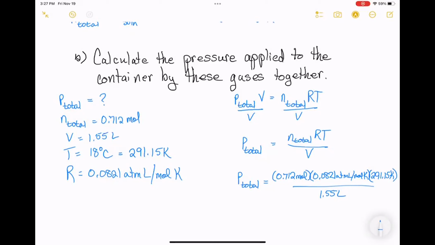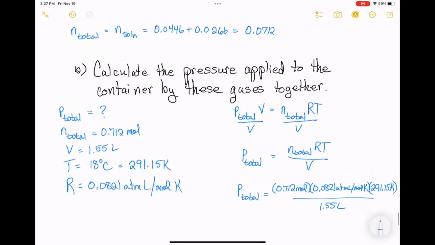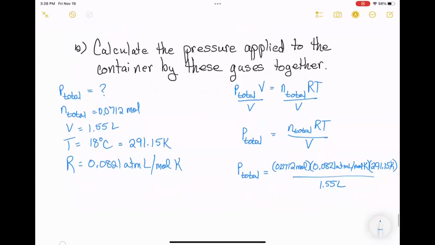And that gives us a pressure of 1.1 atmospheres.